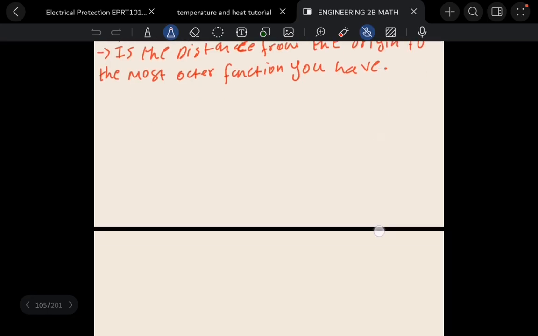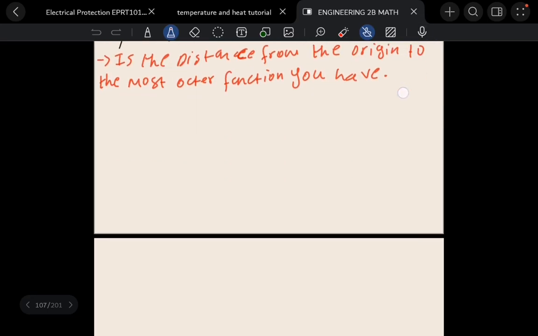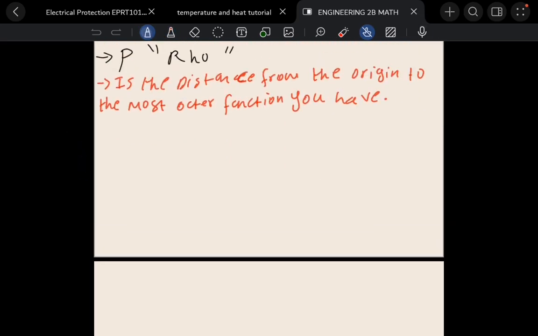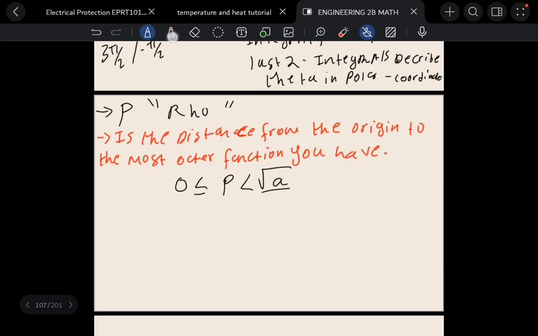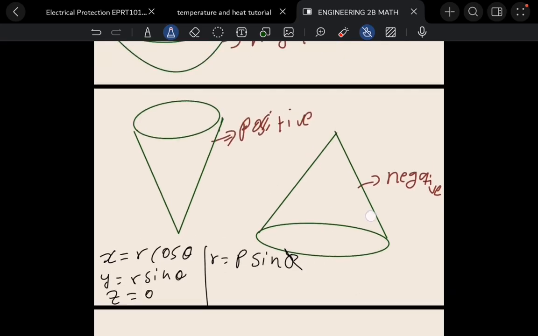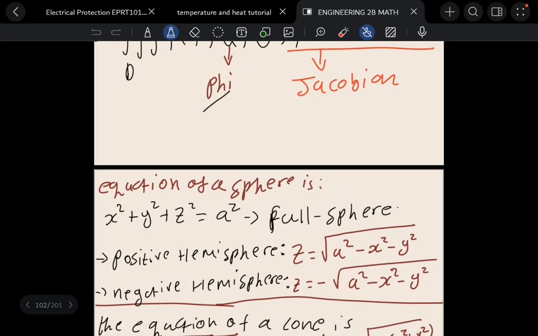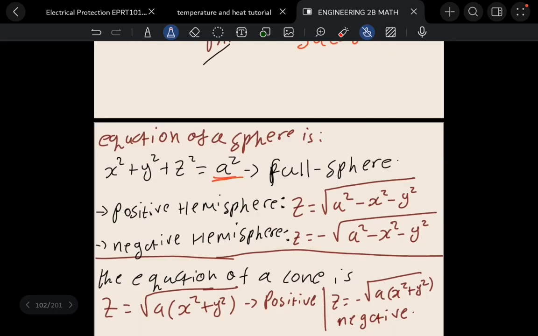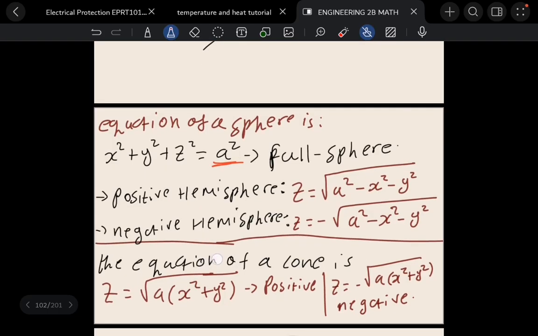Your value of rho will be measured from 0 to the square root of a. Now, what is that square root of a? Do you still remember the equation of a sphere that I wrote here? Rho squared is equal to a squared. To find the value of rho, we just take the square root.